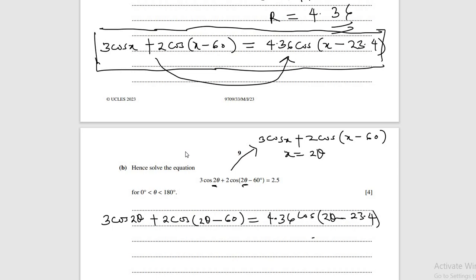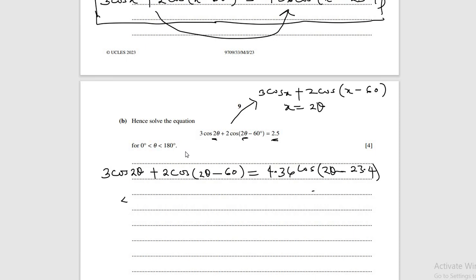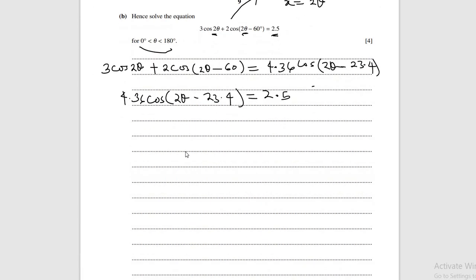At the end of the day, it's equal to 2.5, which means I'm going to equate 4.36 cos(2 theta minus 23.4) to 2.5. That's the logic. You have to find theta, and theta is between 0 and 180. So let's do our normal routine.